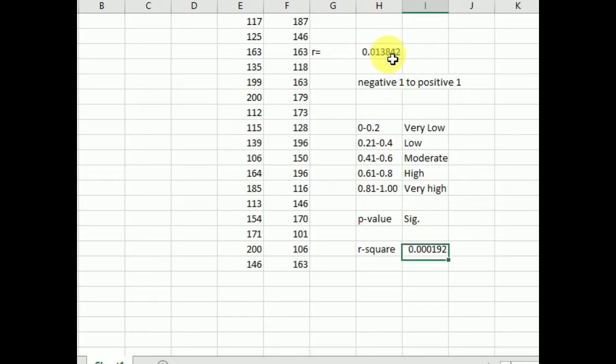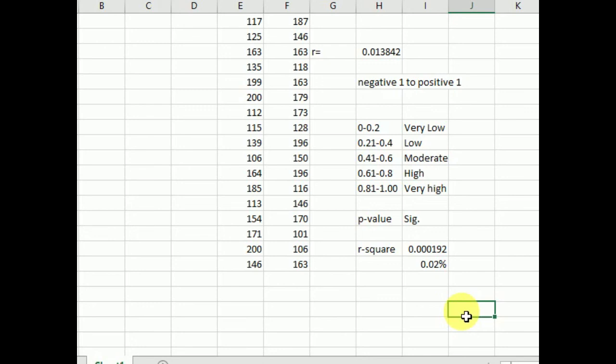So this is your R square, which is 0.000192, or if you convert this to percent, this will be 0.02%.